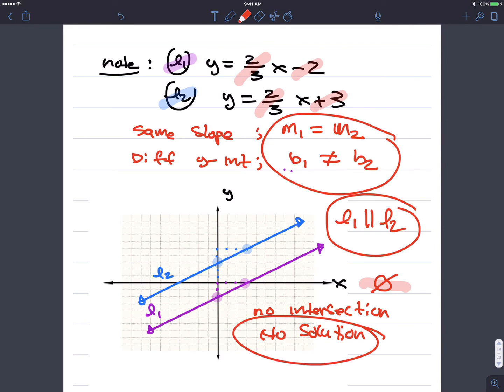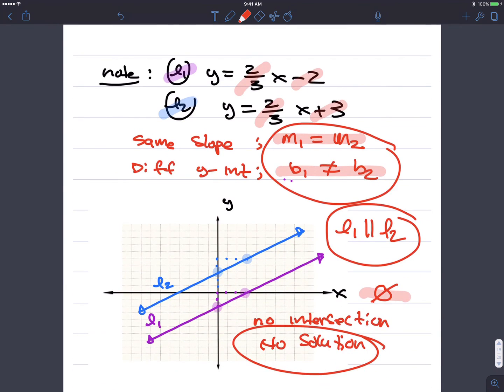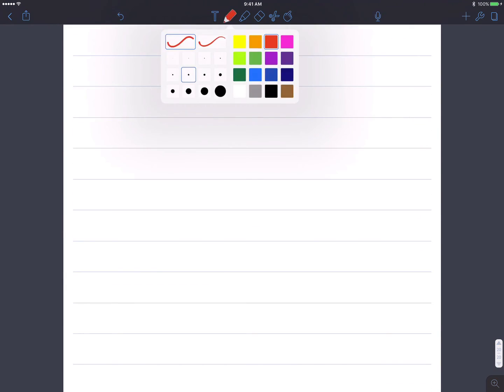And this happens always when you have lines that have the same slope but different y-intercepts. And that was number 15. Let's see 17.